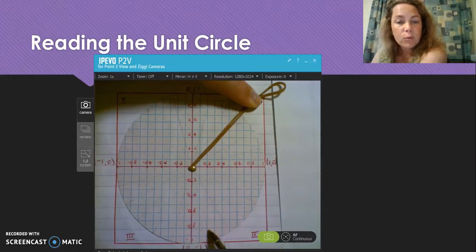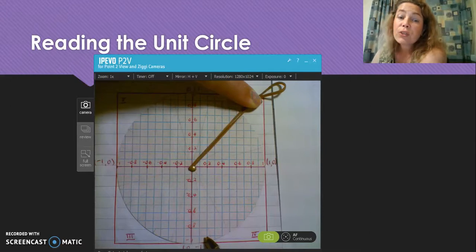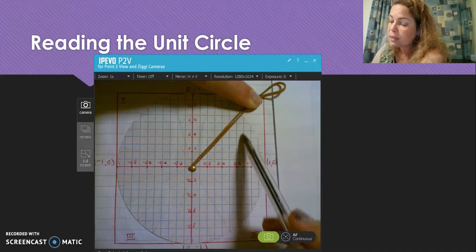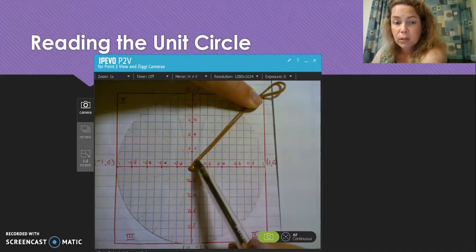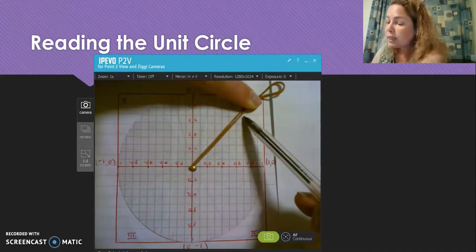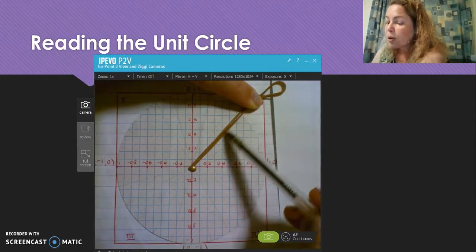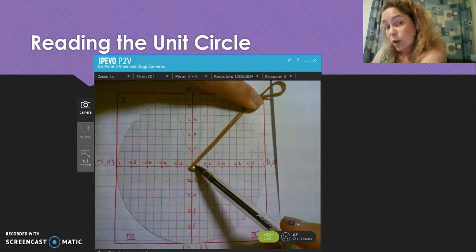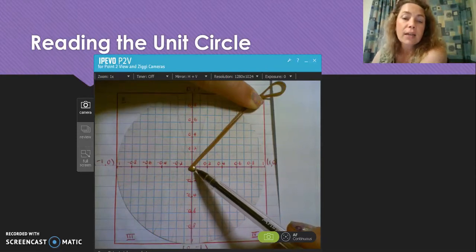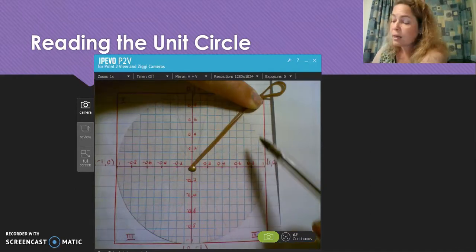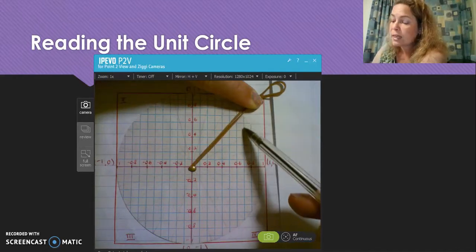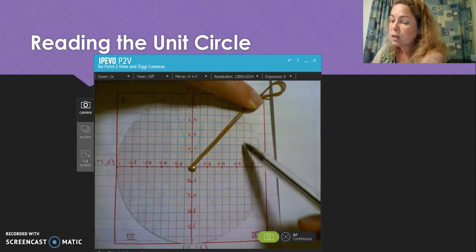Now think back to what we know about our triangles. We know that sine of an angle is found by using the opposite over the hypotenuse. So if we take the length of our opposite side over our hypotenuse, which has a length of 1 for the unit circle, it means that sine of the angle can be found by simply taking the reading of the vertical height.